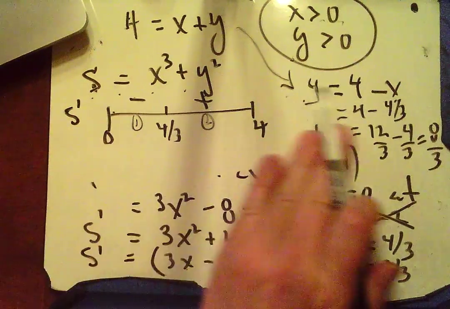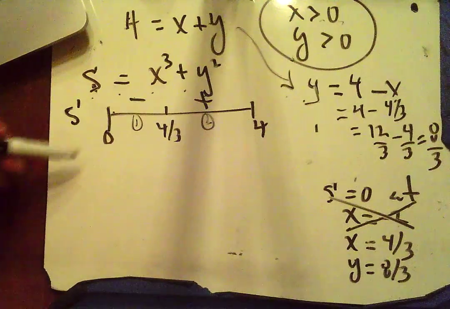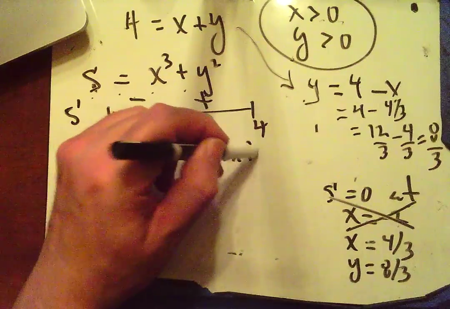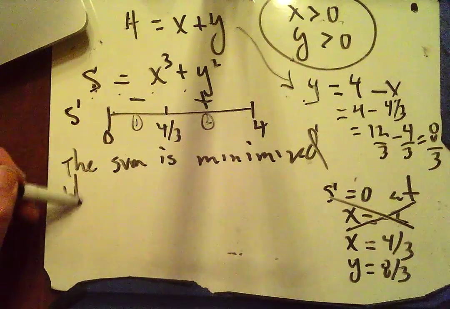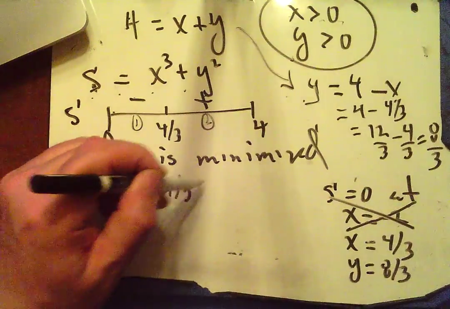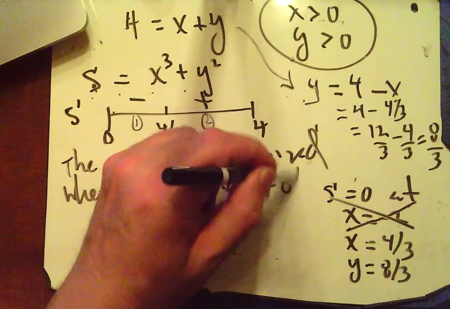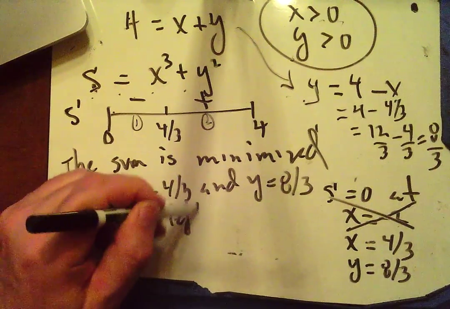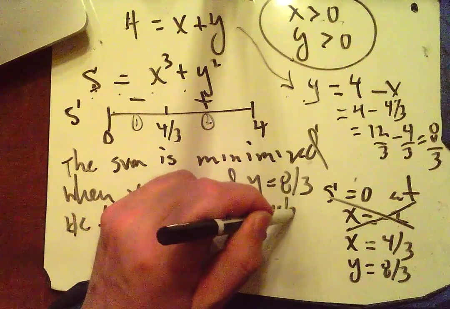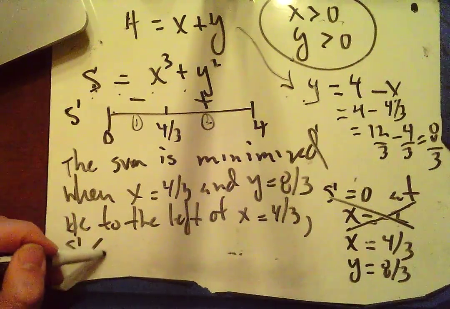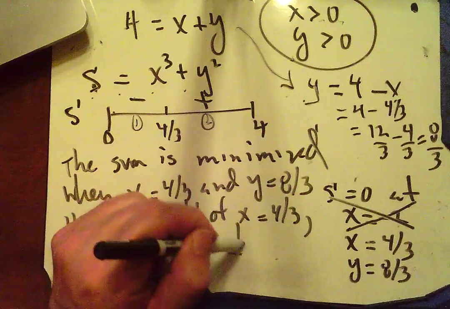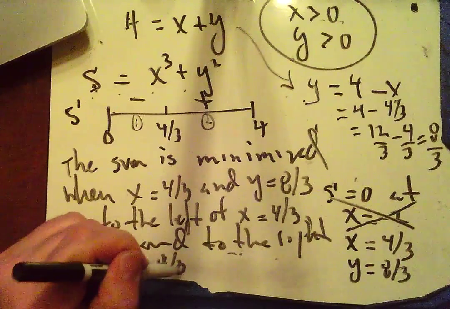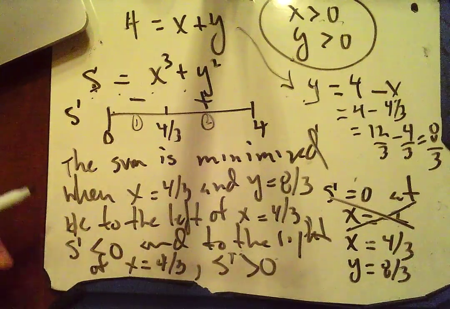And yeah, I do want to write a justification here. And my justification is going to say that the sum is minimized when x equals 4/3 and y equals 8/3, because to the left of x equals 4/3, s prime is less than 0, and to the right of x equals 4/3, s prime is greater than 0.